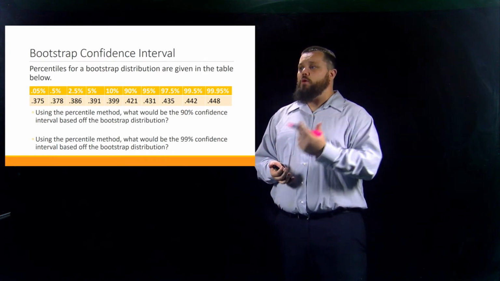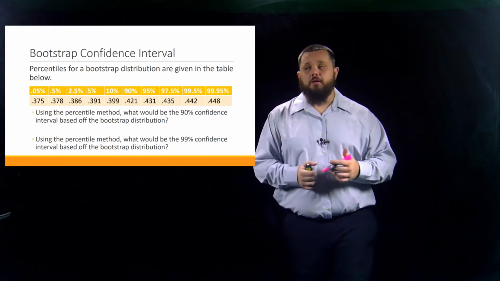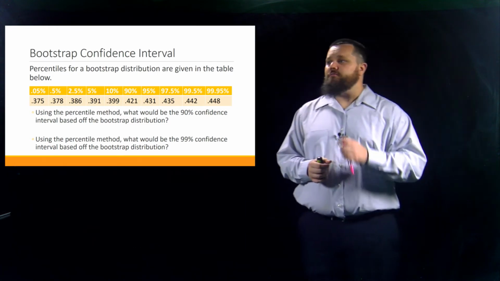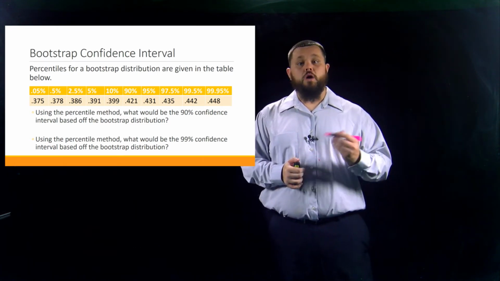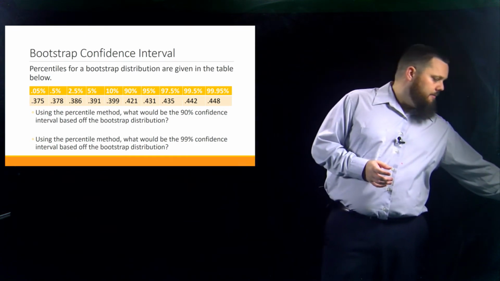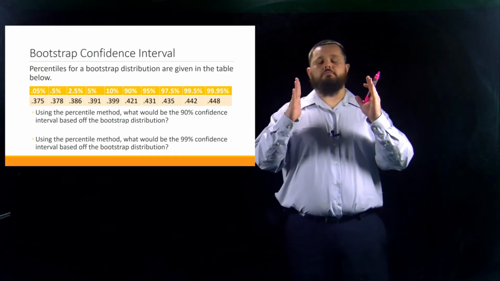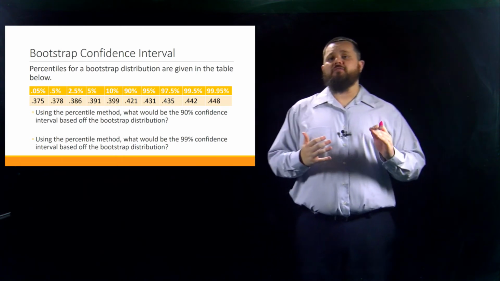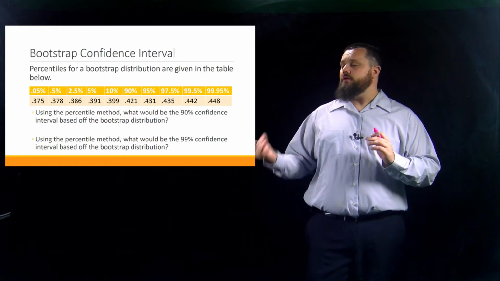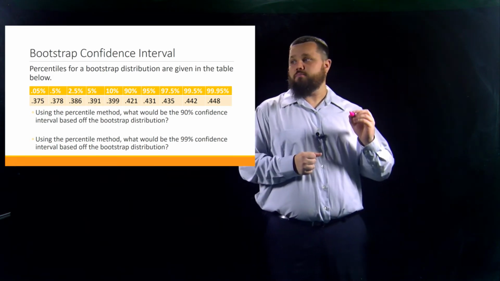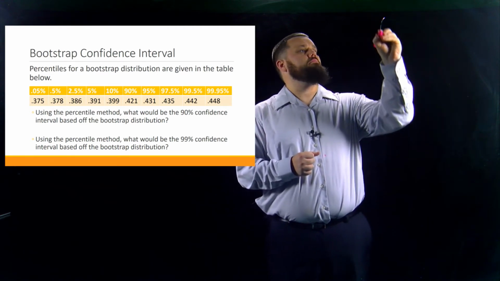So for example, if we wanted to go, okay, using the percentile method, what would be a 90% confidence interval based off of this bootstrap distribution? Well, if we're wanting to make a 90% confidence interval, then that means, again, we want the middle 90%. So in each tail, we're going to have 5%. So we're going to want the 5th percentile, which in this case is going to be 0.391.